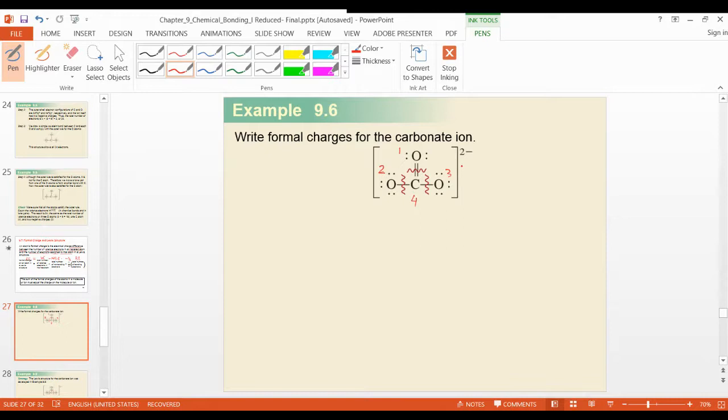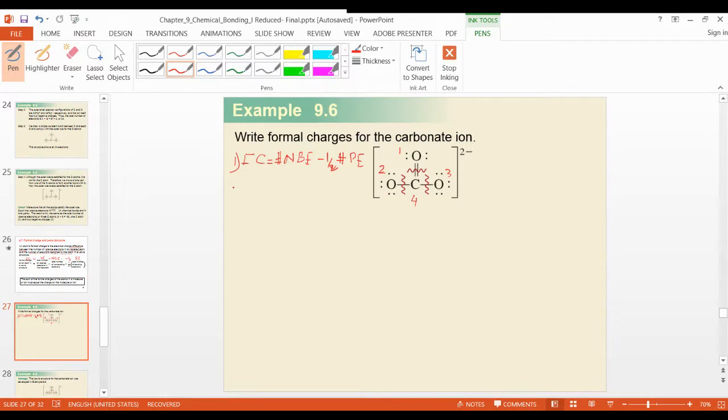Alright, so you will use the formula which I showed you now. The formal charge is equal to the number of non-bonding electrons minus half the number of bonding electrons. This is non-bonding and this is bonding. This is one type, right?